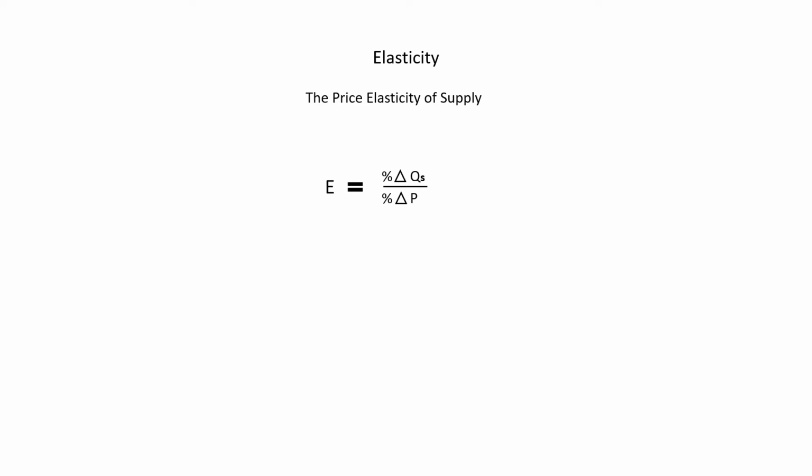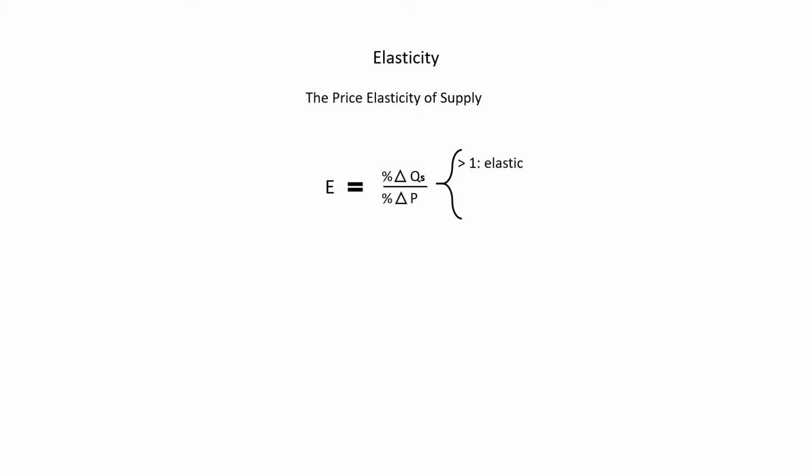Here's the formula for computing the price elasticity of supply. As you probably could have guessed, it's the percentage change in quantity supplied divided by the percentage change in price. We don't have to be taking absolute values of these figures. Owing to the direct relationship between price and quantity supplied, all of these values will already be positive.